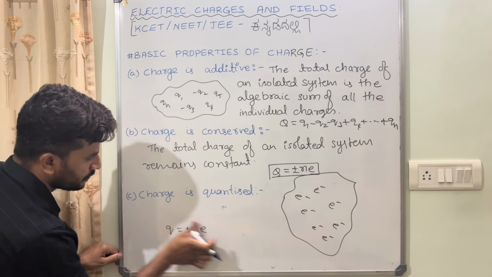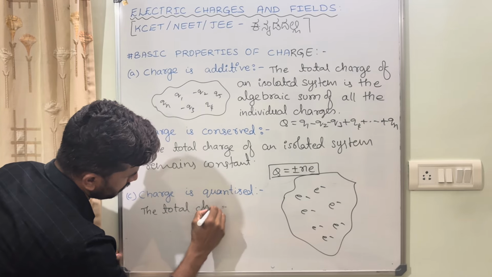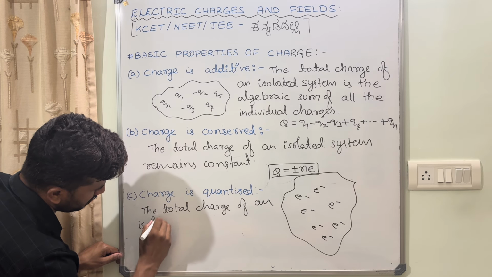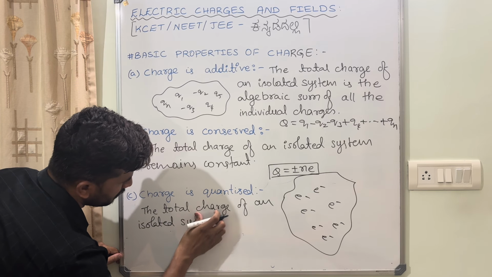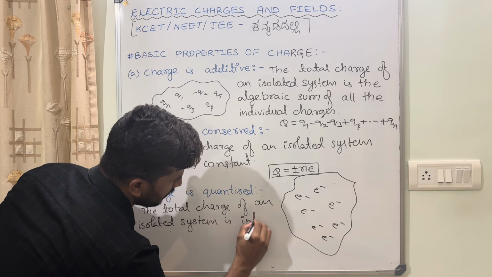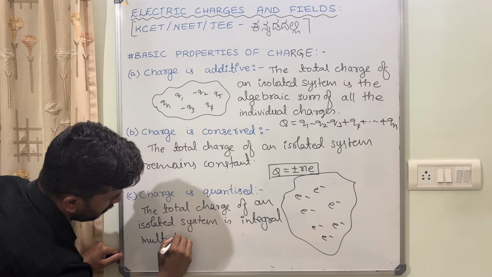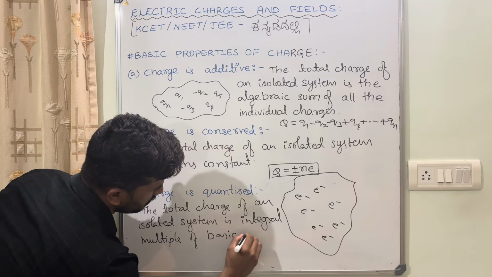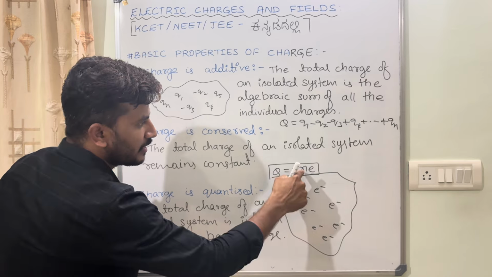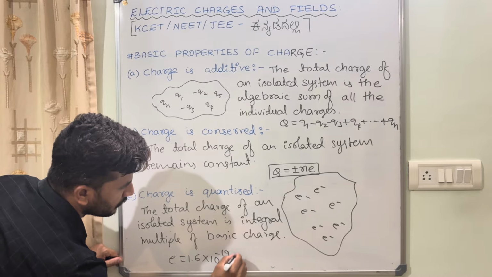That means the total charge of an isolated system is an integral multiple of the basic charge, that is plus or minus n into e, where n is an integer and e is 1.6 into 10 to the power minus 19 Coulomb.